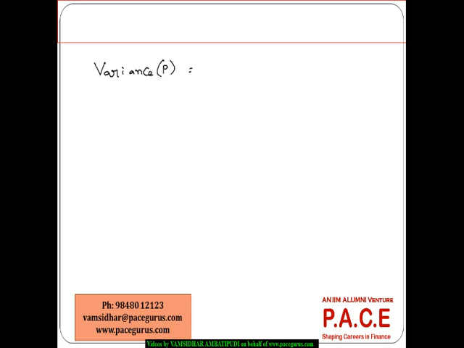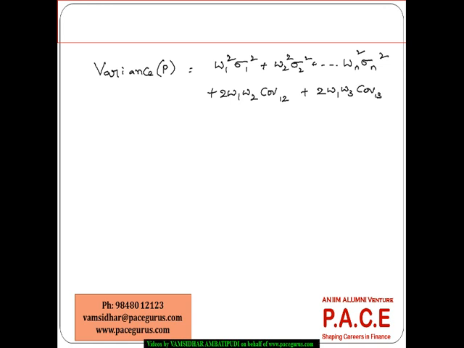Variance of a portfolio is W1 squared sigma 1 squared plus W2 squared sigma 2 squared, and so on, let's say Wn squared sigma n squared, plus 2W1 W2 times the covariance between 1 and 2, plus 2W1 W3 times the covariance between 1 and 3. Like this I take all the pairs, up to 2W(n-1) Wn times the covariance between n-1 and n.